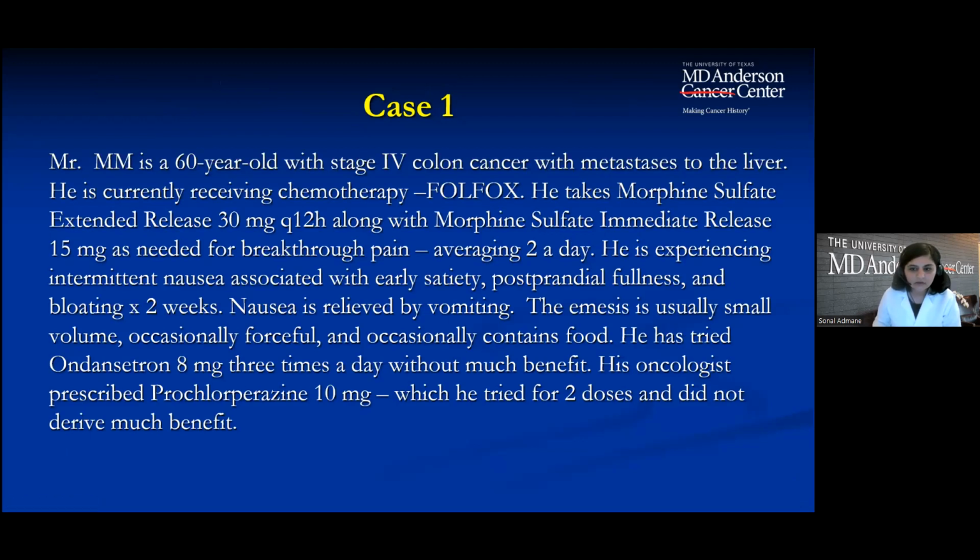His pain is well controlled, but he comes to you with nausea, early satiety, postprandial fullness, and feeling bloated for about 2 weeks. He has vomiting along with nausea, which occasionally contains food, and he has some relief after the episode of vomiting. He's been trying Zofran as well as prochlorperazine, and that's not giving him much relief.